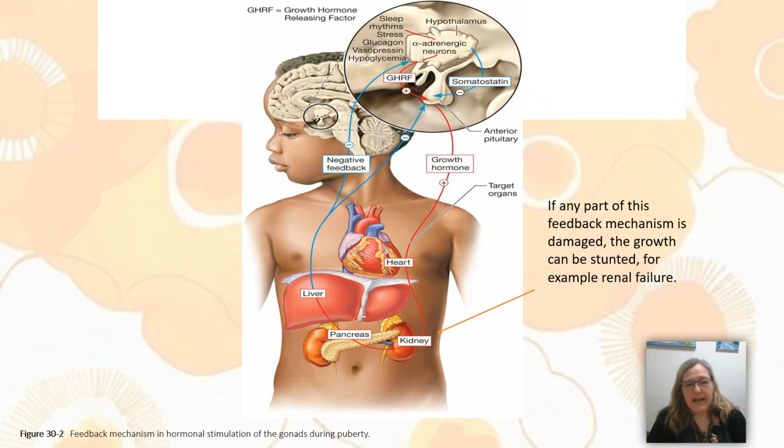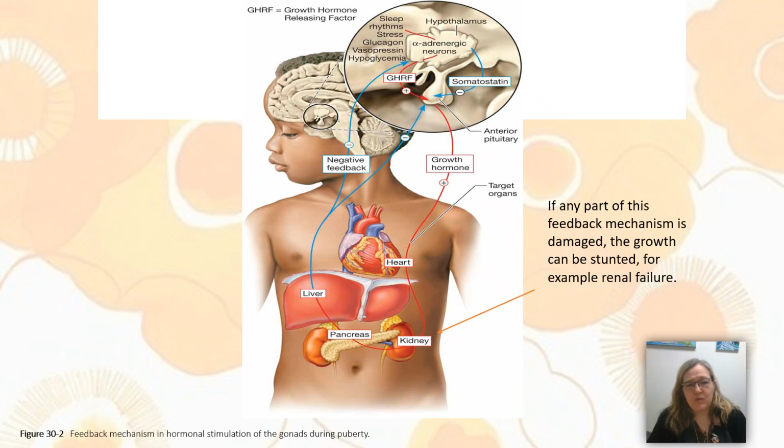So as the testosterone or estrogen levels increase in the bloodstream, they provide negative feedback to the hypothalamus and the anterior pituitary gland, and this inhibits further release of the gonadotropin-releasing hormone, the luteinizing hormone, and the follicular stimulating hormone.